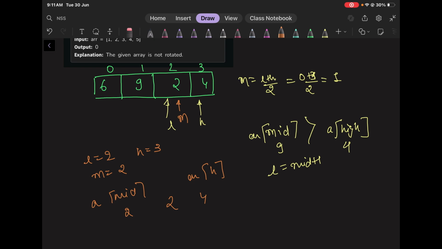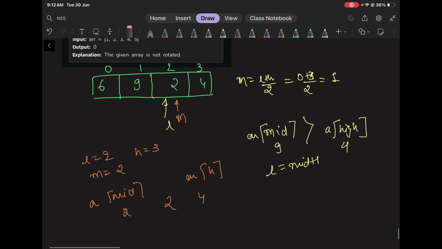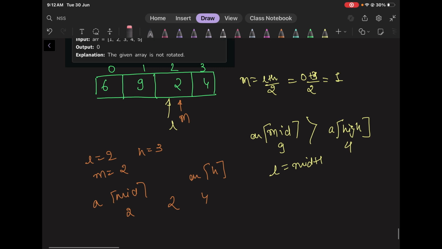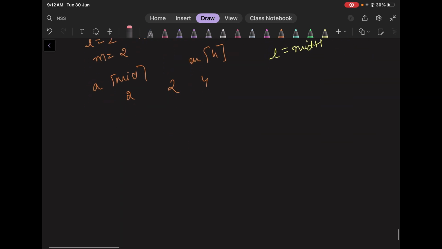In this case 2 is less than 4, that means I need to decrease my high. So I move my high from this position to this position. Now since my low and high become equal, I would simply come out of the loop.